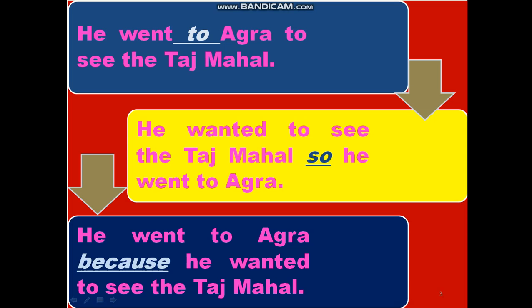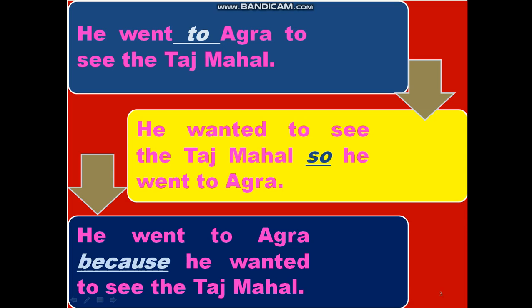But here in this sentence we have the clauses. One of the clauses, because he wanted to see the Taj Mahal, depends upon this clause, he went to Agra. This type of sentence where we have one principal or main clause and the other one dependent or subordinate clause is called a complex sentence.